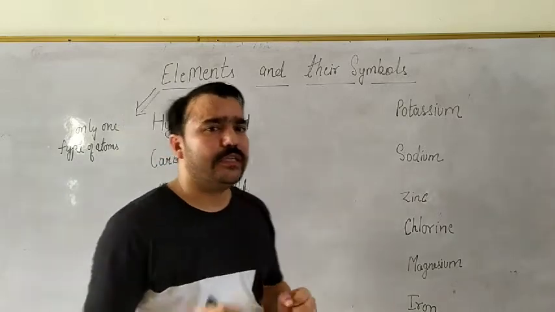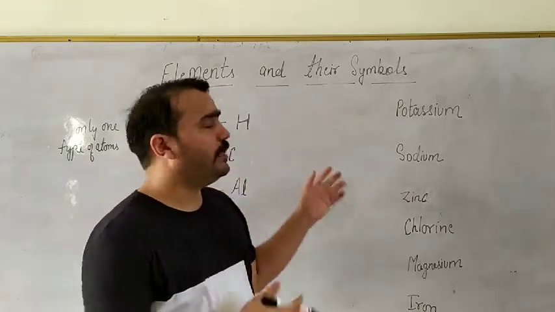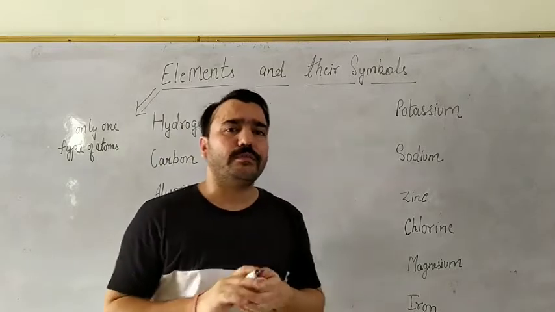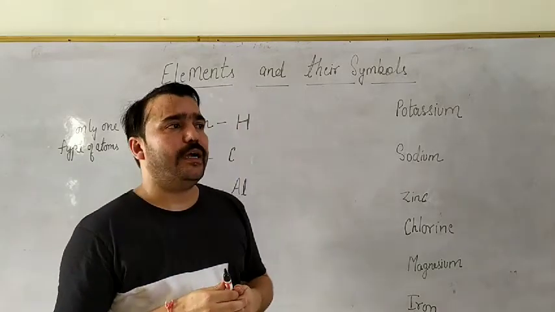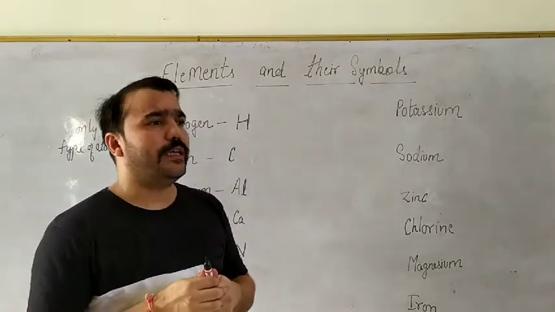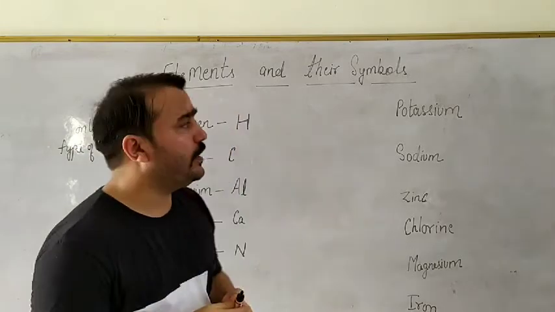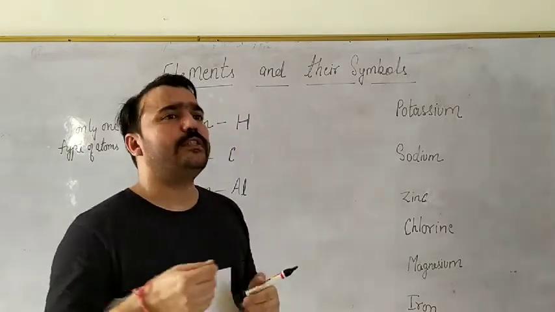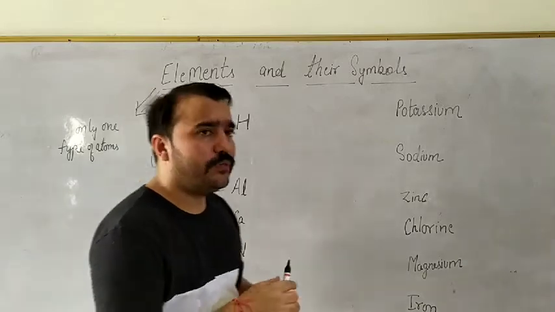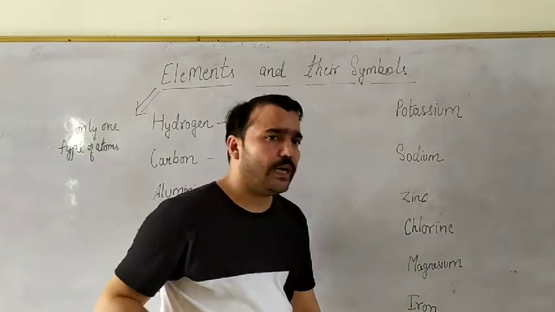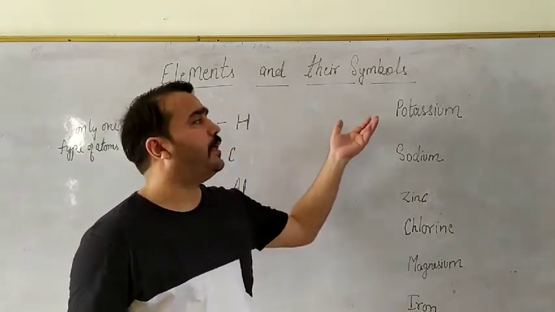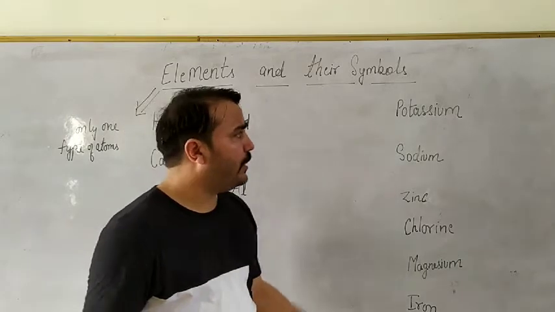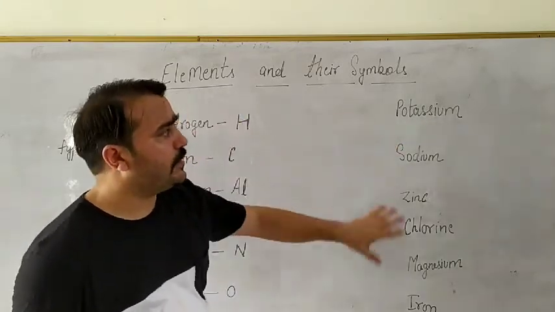What happened actually is that initially the elements were discovered or separated from their compounds in different parts of the world. According to the language spoken there or the culture, they gave certain names, sometimes on the basis of the place where it is found. So some of the names are imported from other languages. That's why you will find certain differences in these cases.